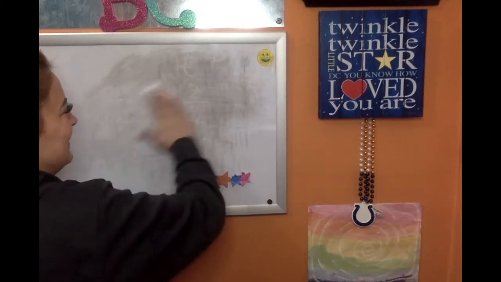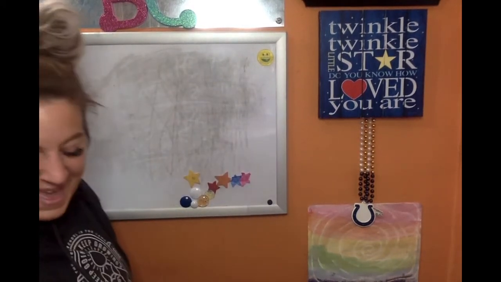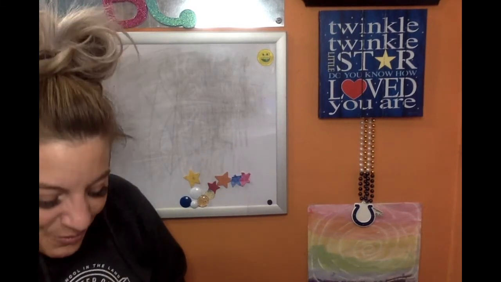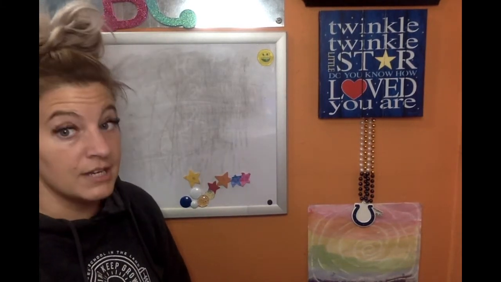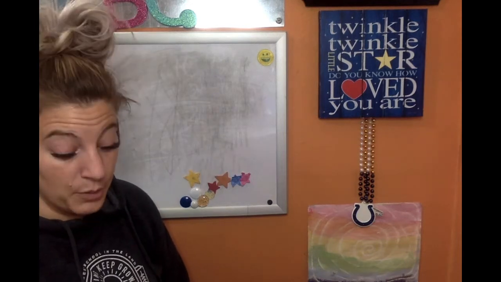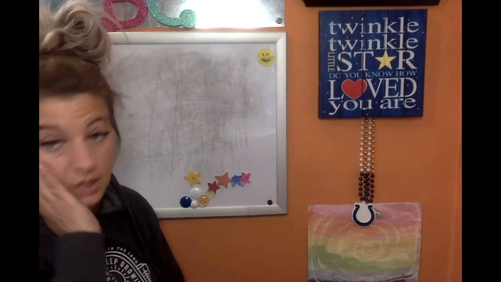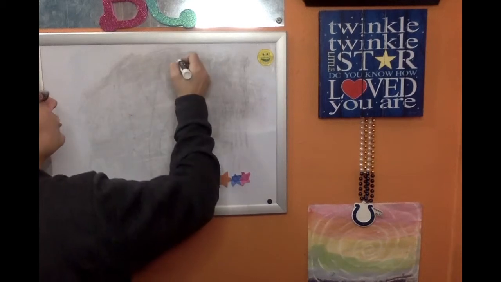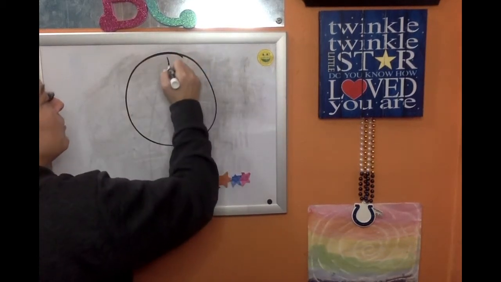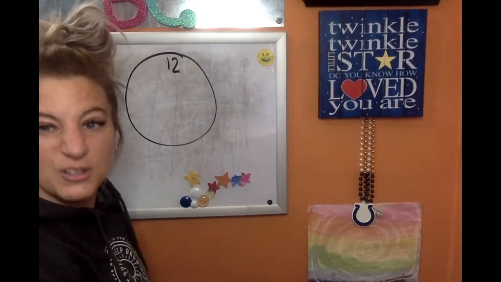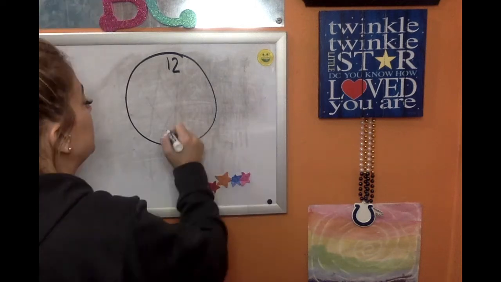Whoa. Good job. Okay, remember, telling time is super fun, and we've got to figure out where to put the hour hand. So we have our clock, and the minute hand is pointing to the 12, so that makes it o'clock, right?